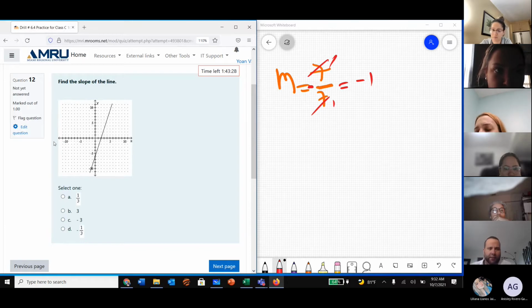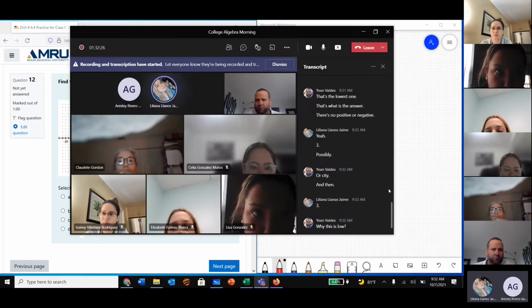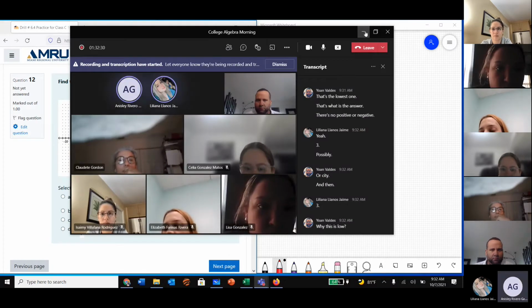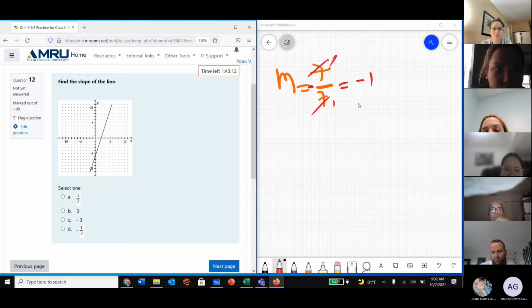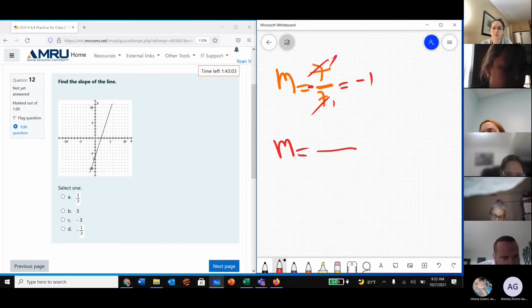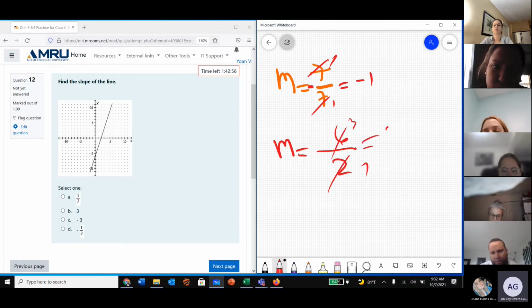And then, what is the slope? 3. In that case, you're going up 6 over 2, which is 3. Good.